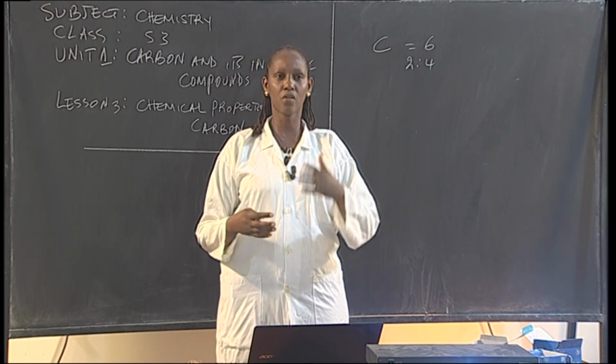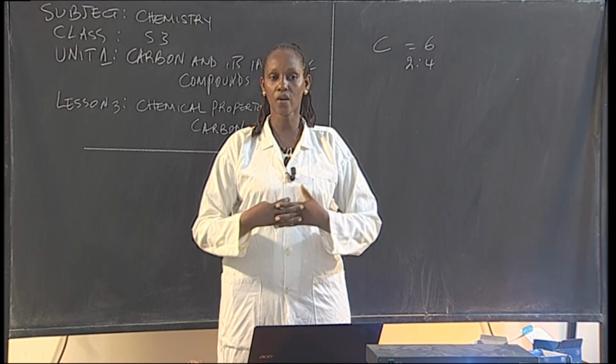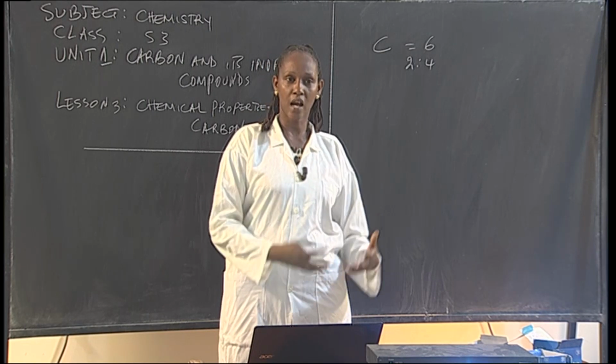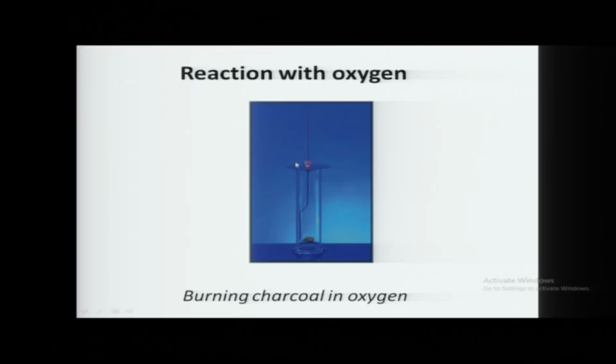So we start by looking at the reaction of carbon with oxygen, all right? How does carbon react with oxygen? This is burning charcoal in oxygen, all right? Burning charcoal in oxygen. So charcoal was put in a gas jar that contains oxygen, so it continued to burn.